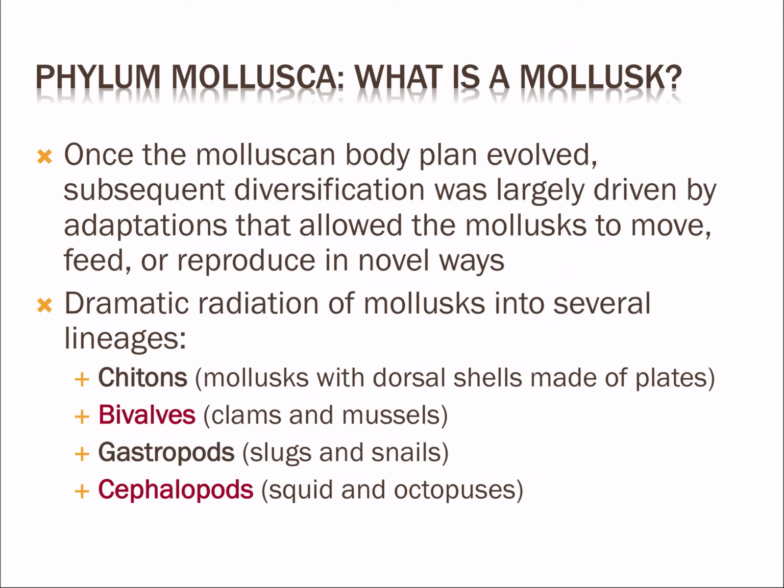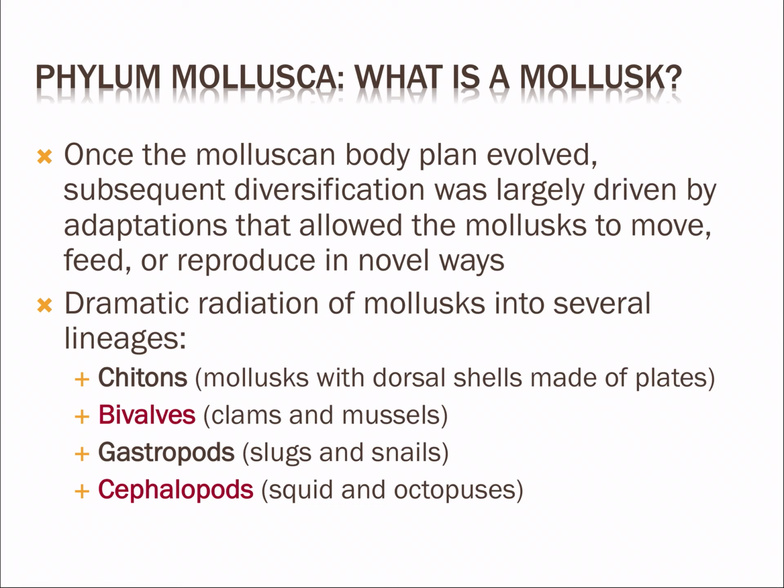So lots and lots of diversification in mollusks. And once this molluscan body plan evolved, adaptations that allowed for better movement, feeding, and reproduction drove the changes that occurred in different types of mollusks. So in different lineages, we've got the chitons, mollusks with dorsal shells made of plates. We've got bivalves, which are your clams and your mussels.